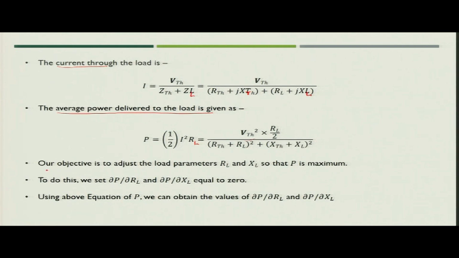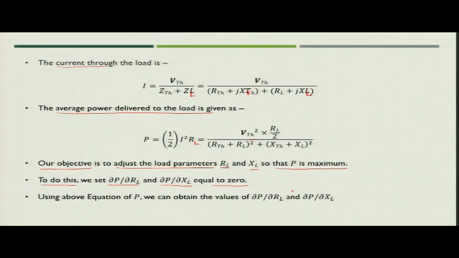Now, what is the next task? Our objective is to adjust the load parameters, that is RL and XL, so that the value of P is maximum. To do this, we set del P by del RL and del P by del XL equal to 0.